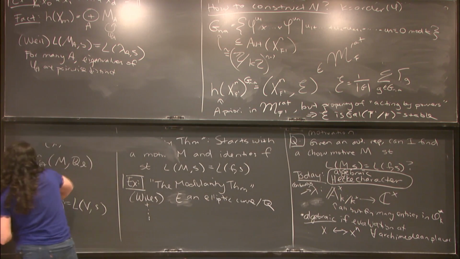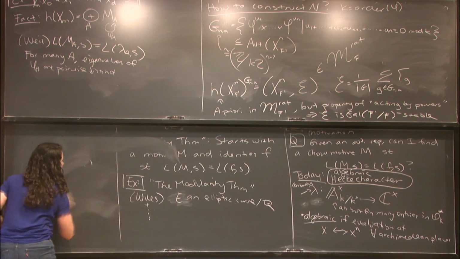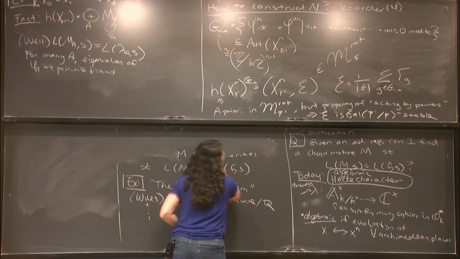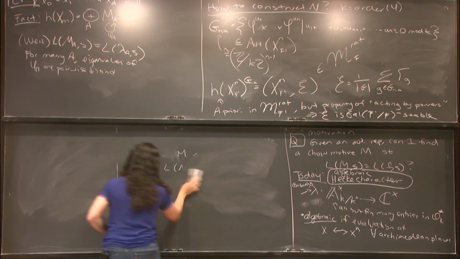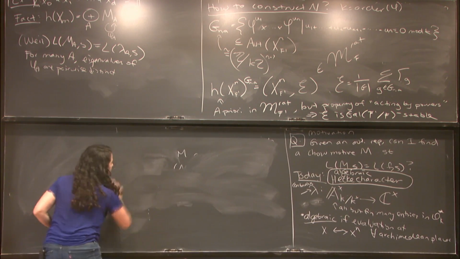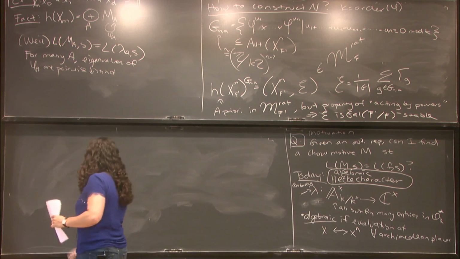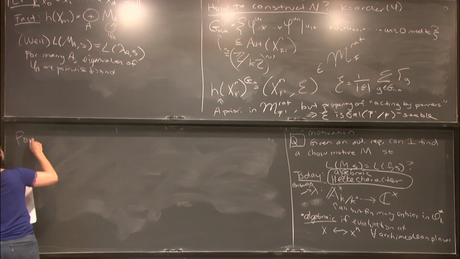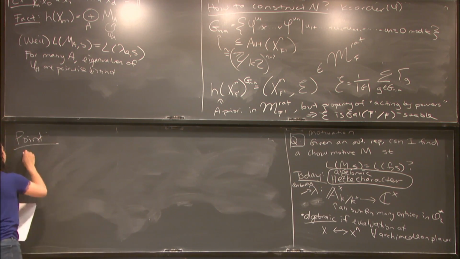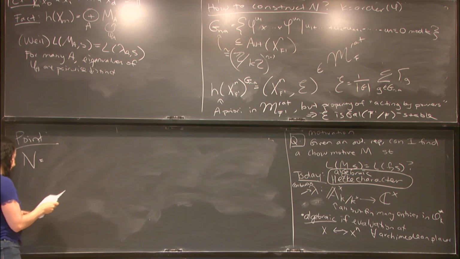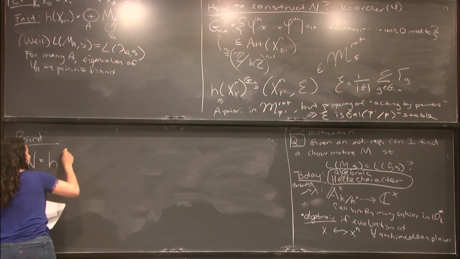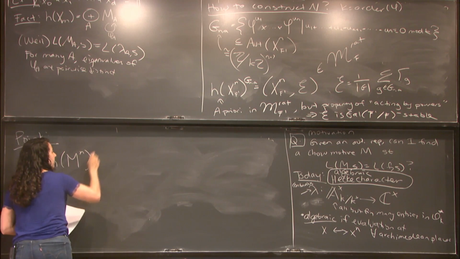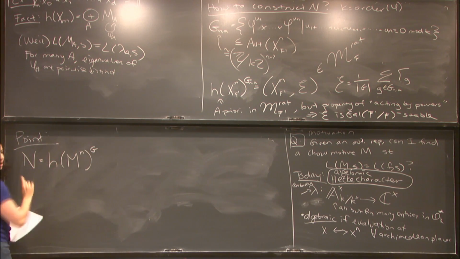And so the point is that this M^n is actually just defined as what I'll write as M^n G-invariant, right?